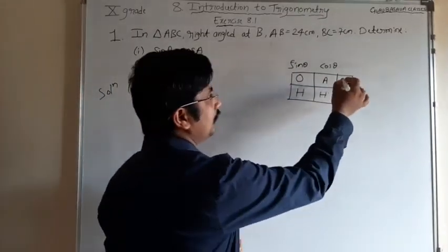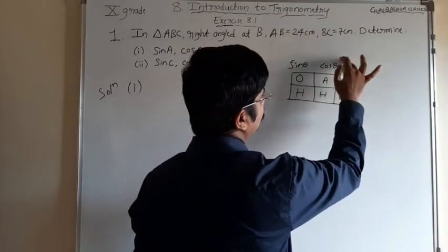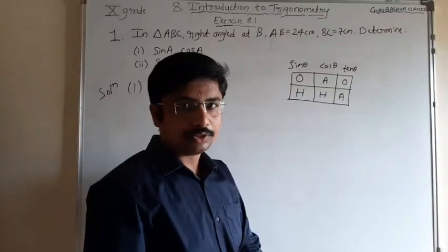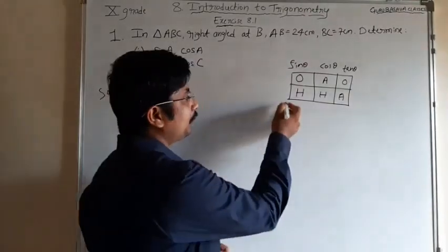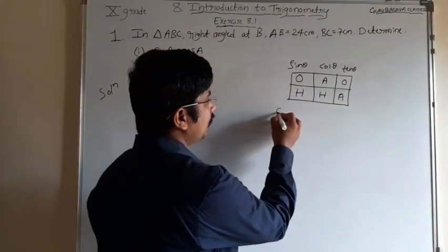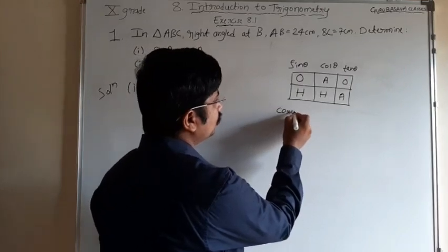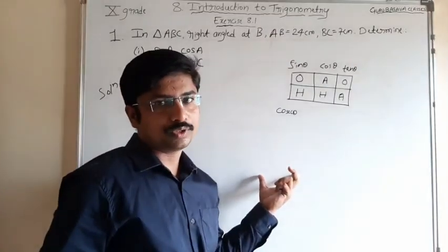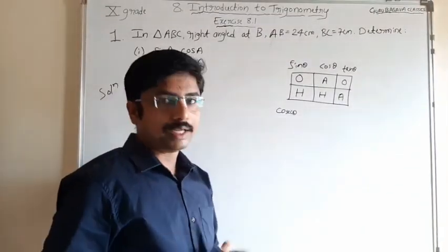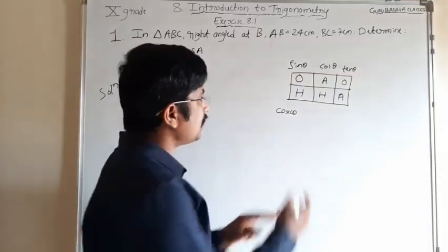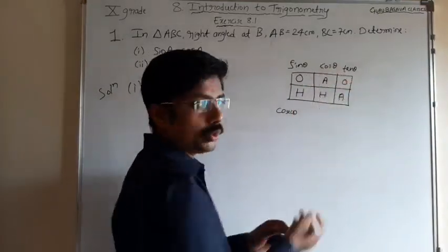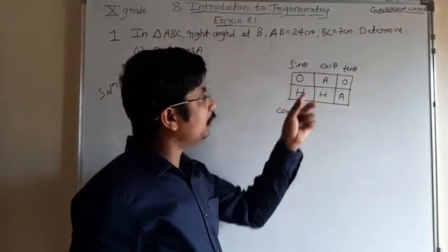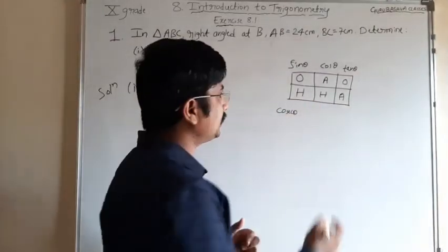Next, tan theta is equal to opposite side divided by adjacent. Cosec theta is the reciprocal of sin theta, so cosec theta is equal to H divided by O, that is hypotenuse divided by opposite side.